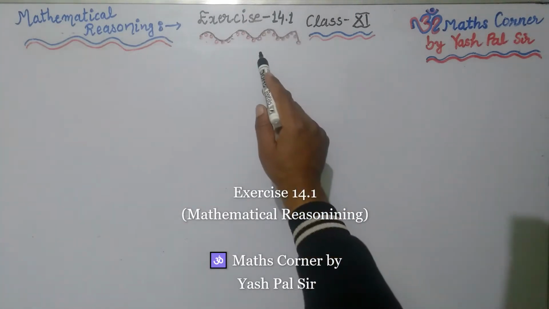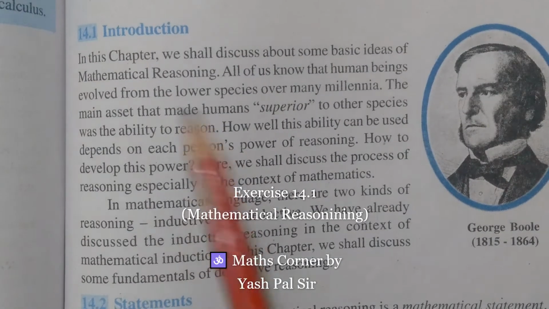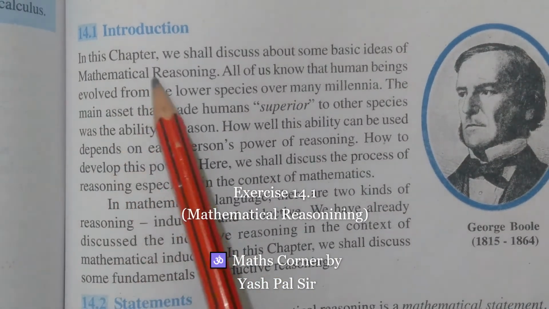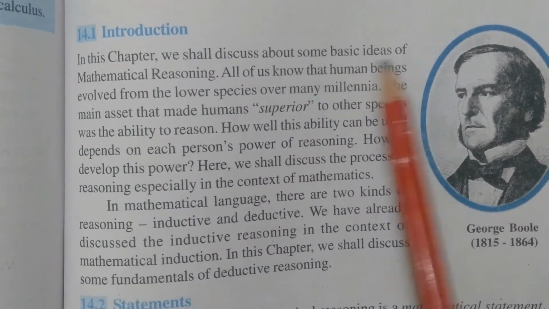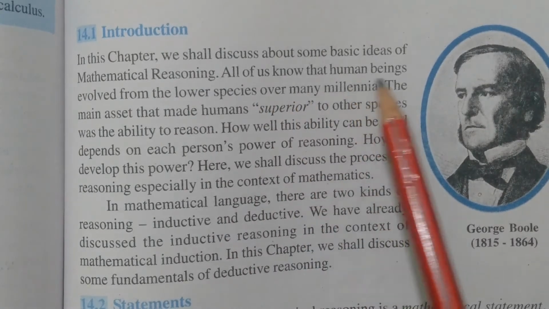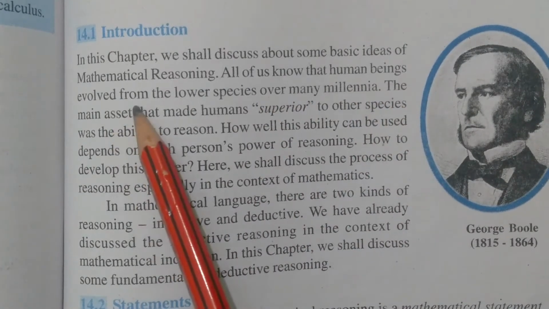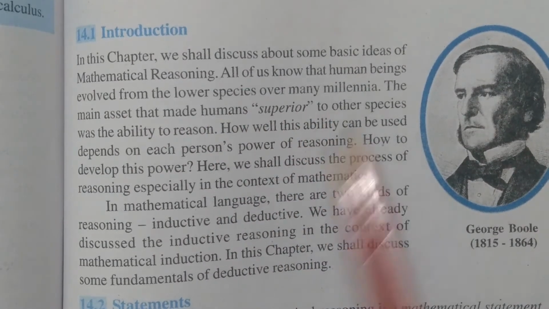Before moving towards the questions of the exercise, let us have the introduction of the chapter mathematical reasoning. In this chapter, we shall discuss some basic ideas of mathematical reasoning. All of us know that human beings evolved from the lower species over many millennia.